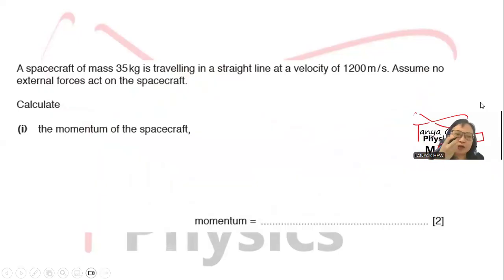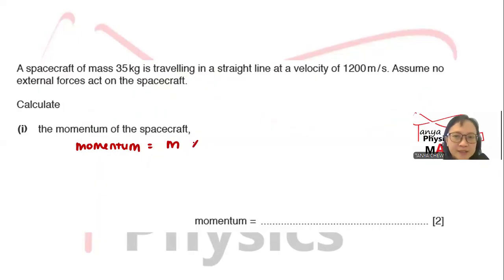So the next question is about a spacecraft of mass 35 kilograms traveling in a straight line at a velocity of 1,200 meters per second. Assume no external forces act on the spacecraft, thank goodness. Calculate the momentum of the spacecraft. This is 2 marks, but I would prefer to write down the equation because I know which formula I'm using.